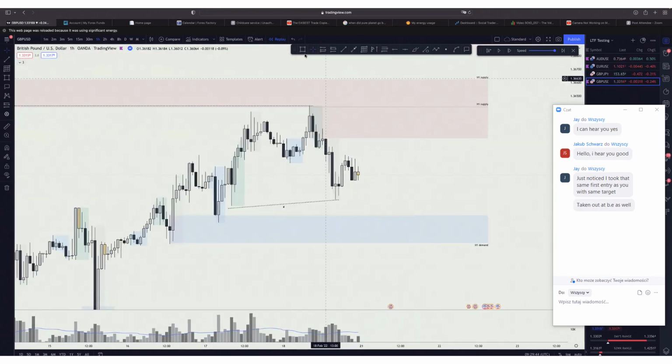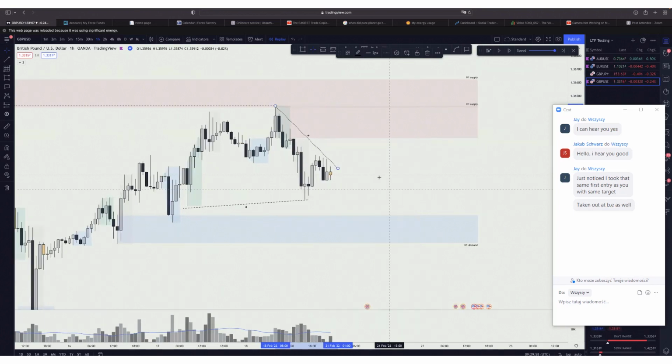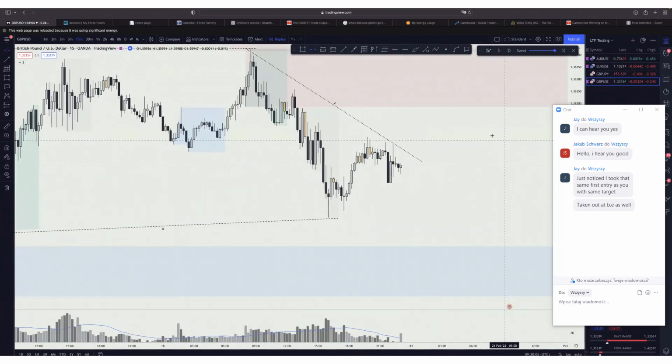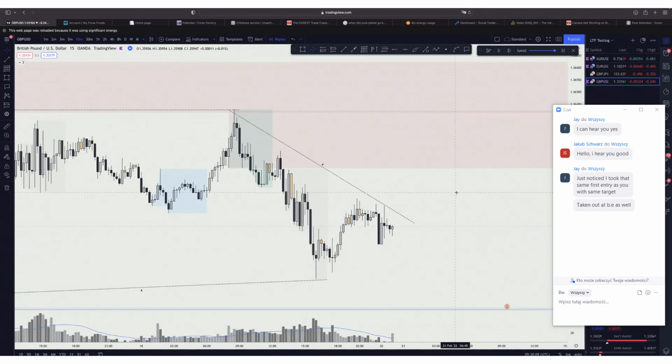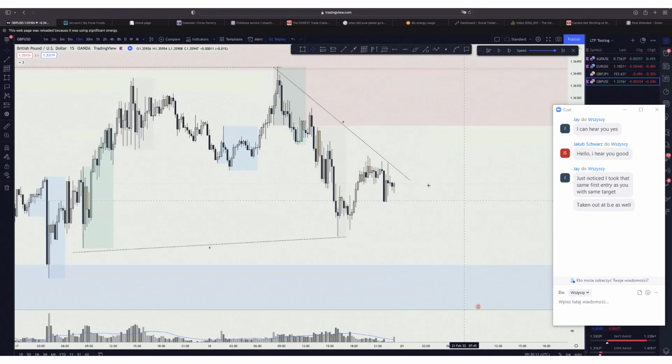Okay, so in regards to these supplies, for me, this would also, on a lower time frame, be a trend line. I'd be looking for this to get liquidated. So if I just drop down to the 15-minute, yeah, from here, I probably wouldn't look at any of these supplies here.